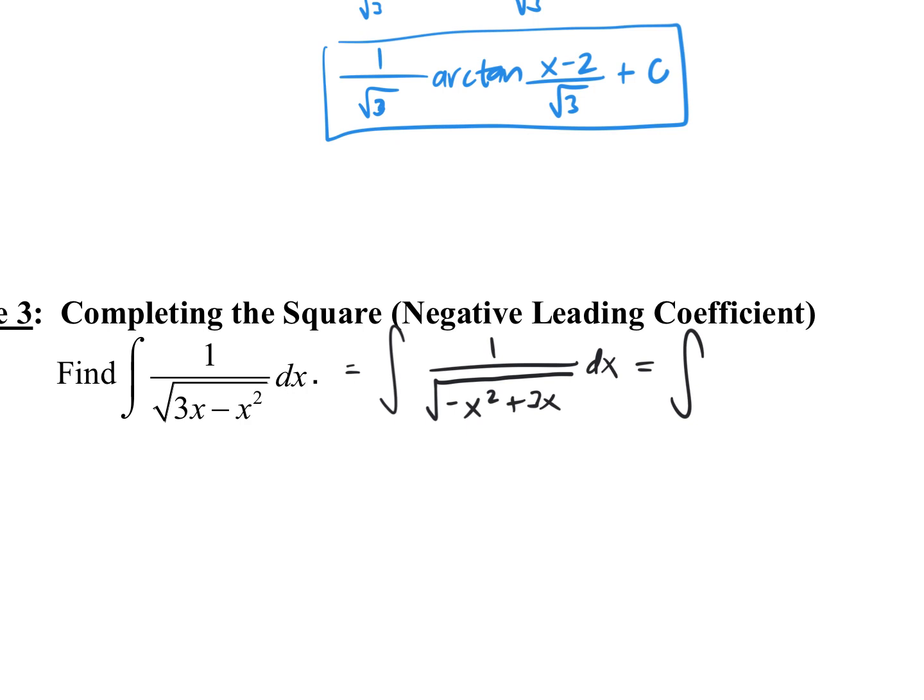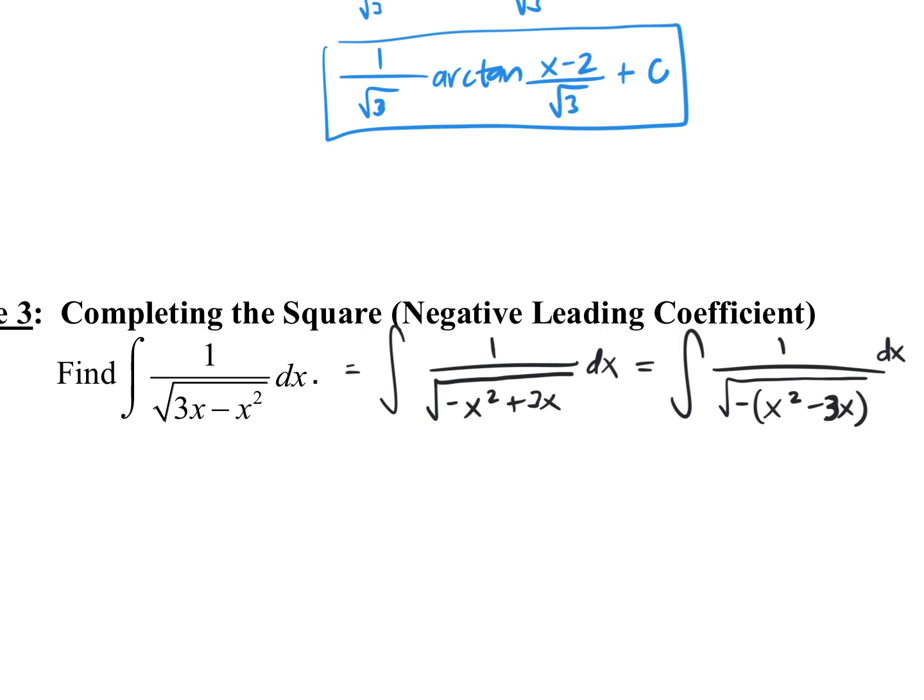And then I'm going to go ahead and take out my negative on the bottom. So I'm left with x squared plus, oh, no, actually minus 3x, right? If I take out that negative. Just doing a little bit of rearranging, doing a little bit of algebra to make it a little easier on us.